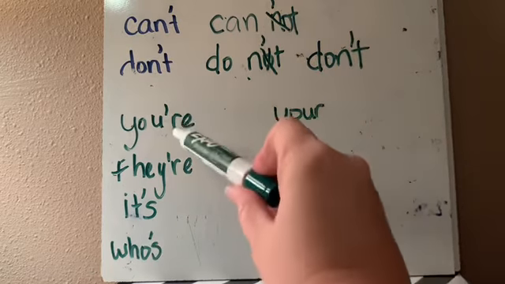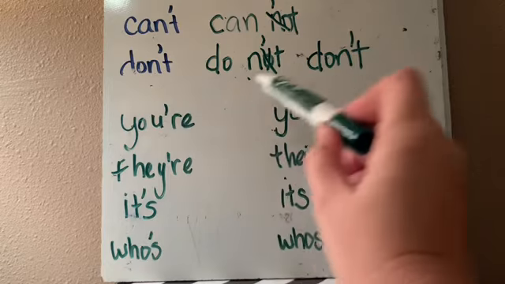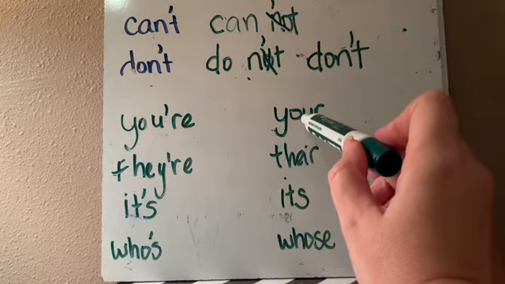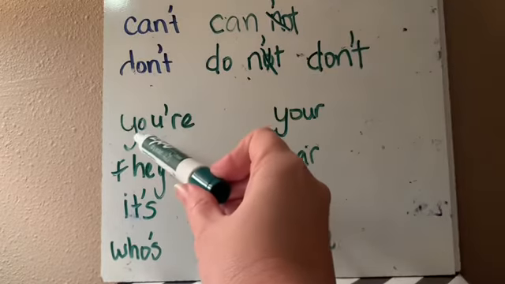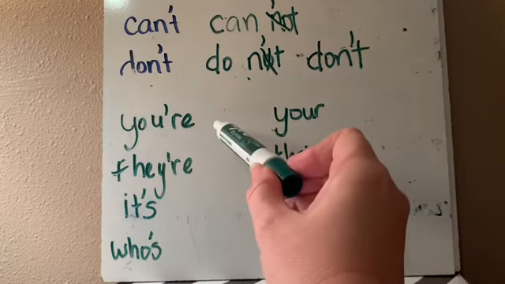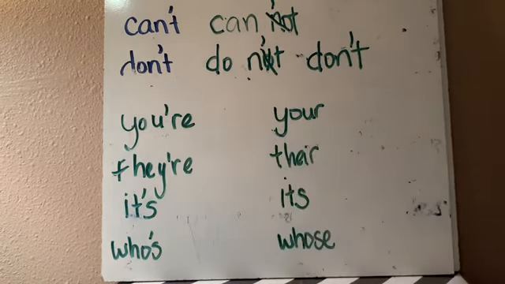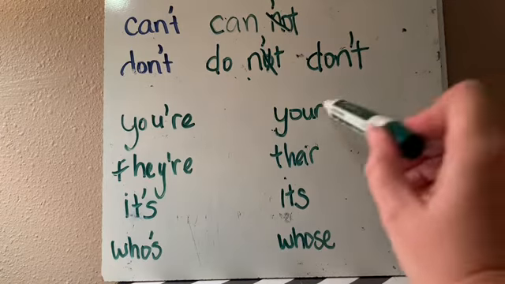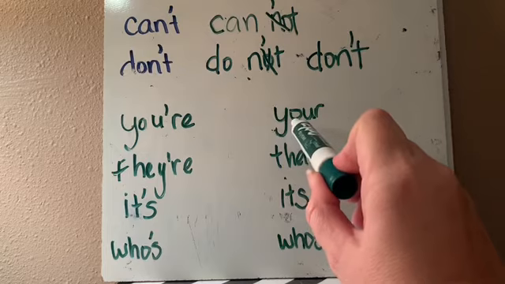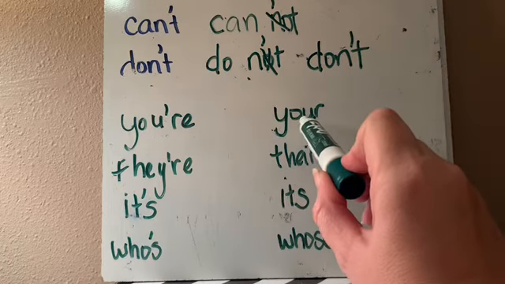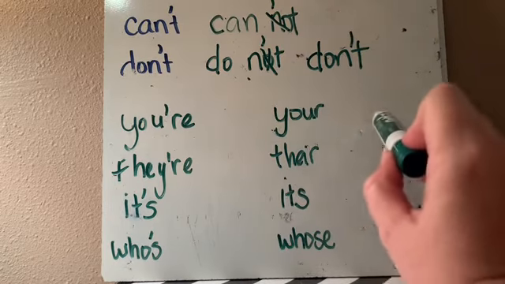This word means you are. This means your, like it belongs to you. So I wouldn't say you are book. That wouldn't make sense, right? And I wouldn't say your going to the store, because this your means that it belongs to you. It doesn't fit that sentence.